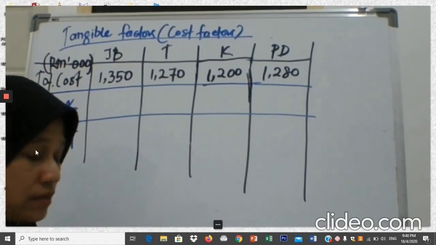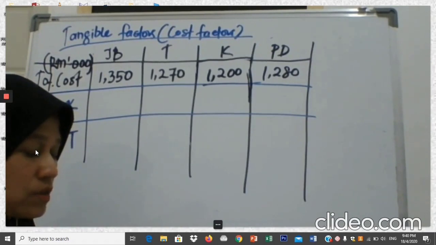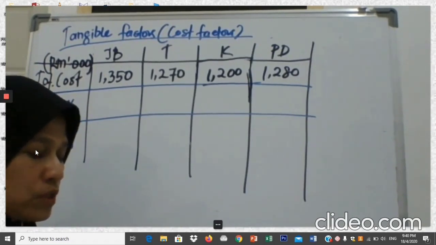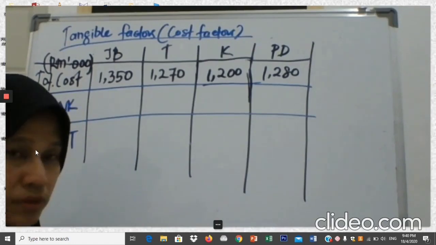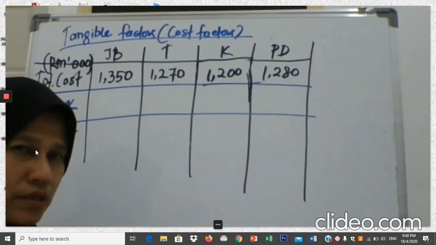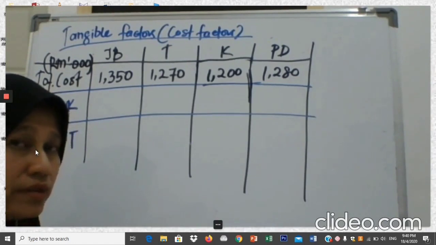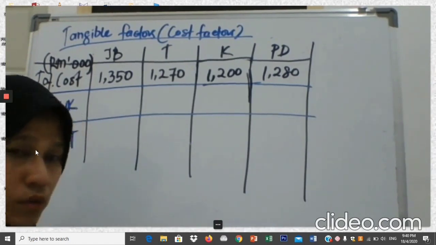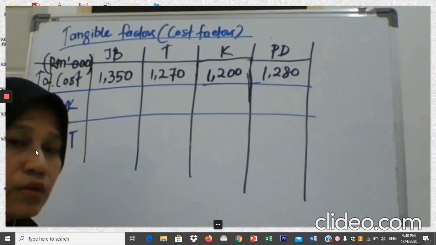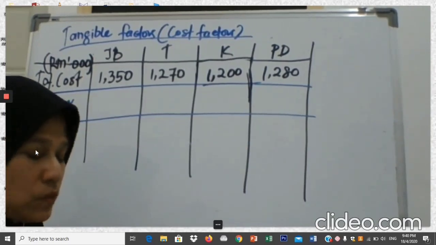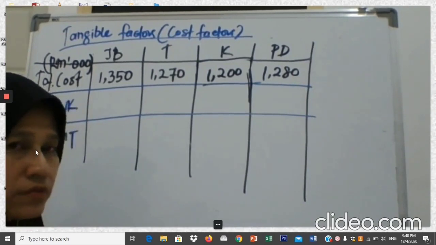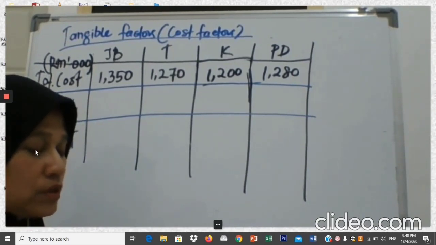Number one, still on that same page, the question says, based on the annual cost, which location is the most suitable? When the question asks you about cost, based on the annual cost, it means you are required to perform a calculation using the tangible factor. The calculation is very simple.